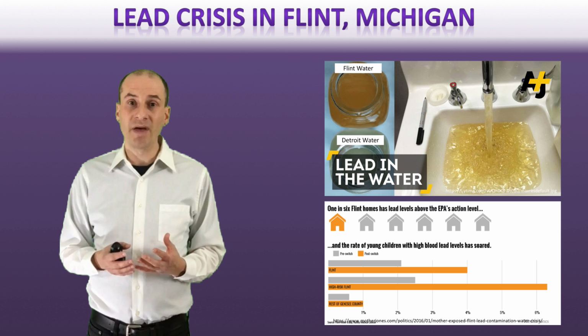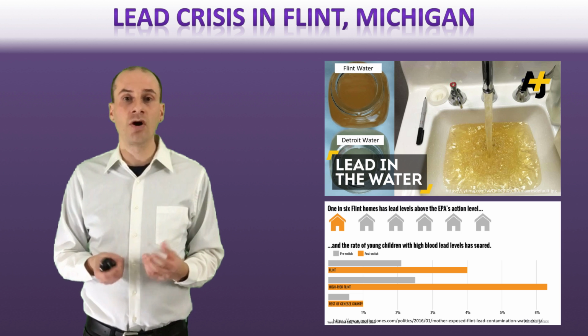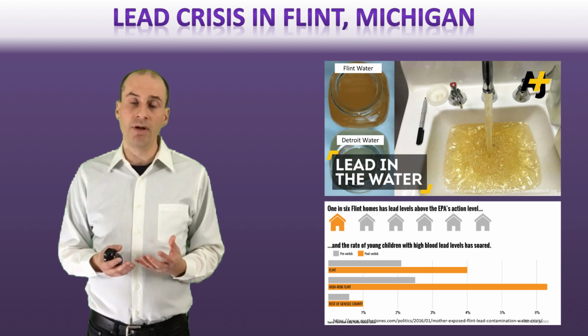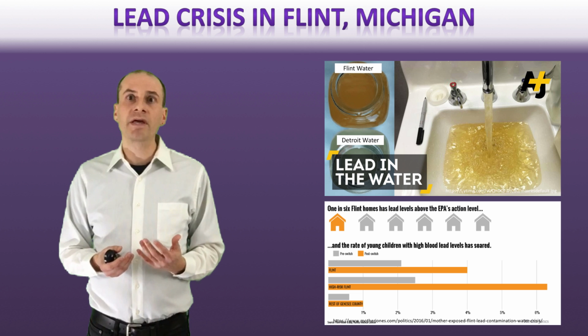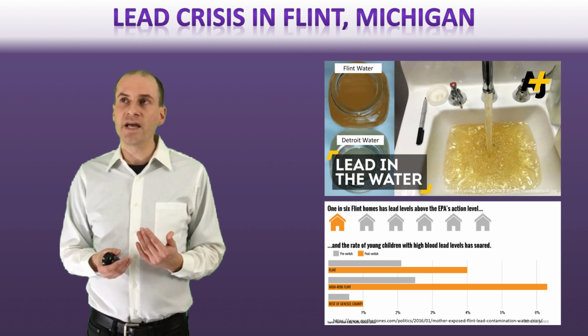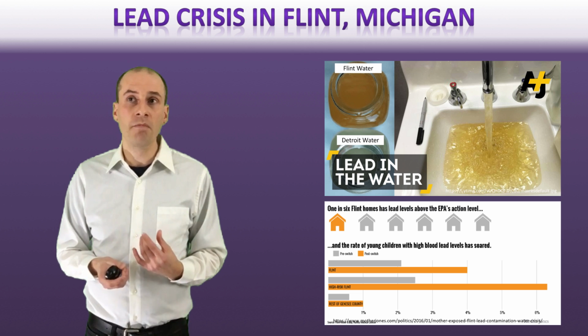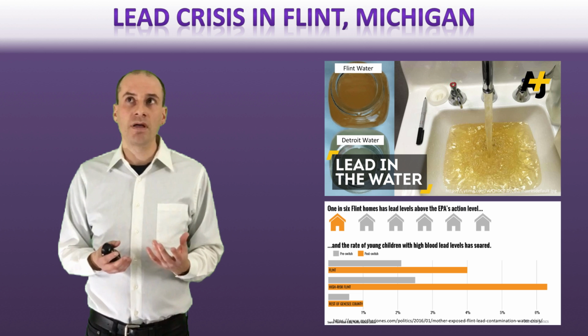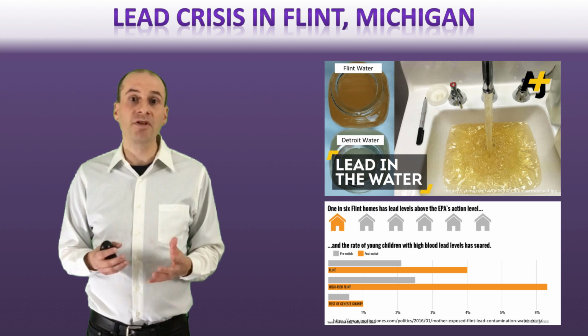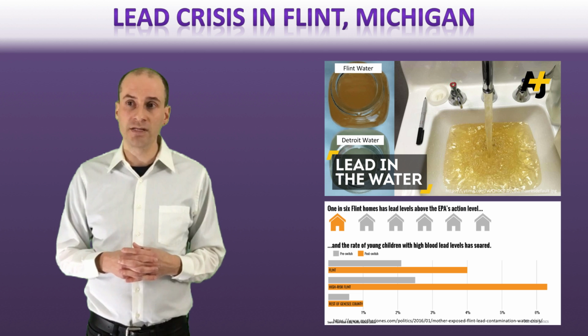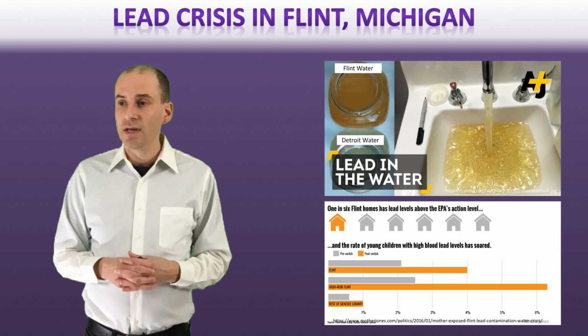So a serious problem, and it has taken a really long time to deal with that problem. It's a public health disaster. It's a real shame, and the government really should be ashamed of how they've handled that situation, and it's a continuing problem.